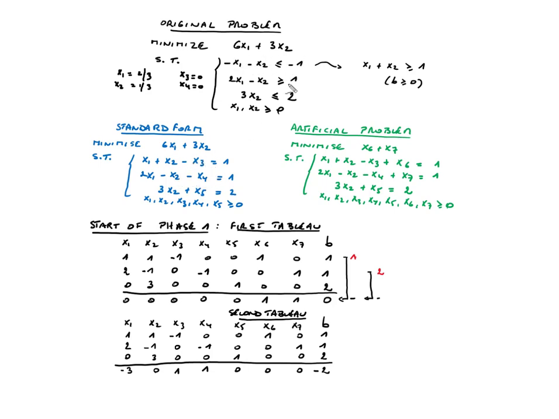And this means that these two inequalities are met with equality. Whereas if you plug this in the last inequality, you have 3 times 1/3, that's 1. So here you have indeed an inequality and you have a slack of 1, and this is what this x5 is equal to 1 means.